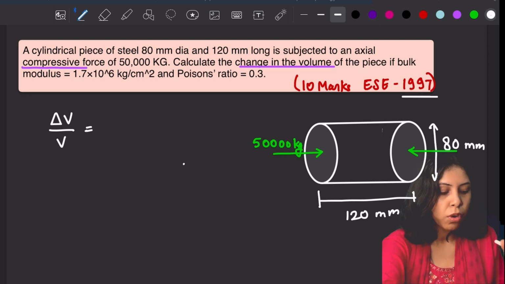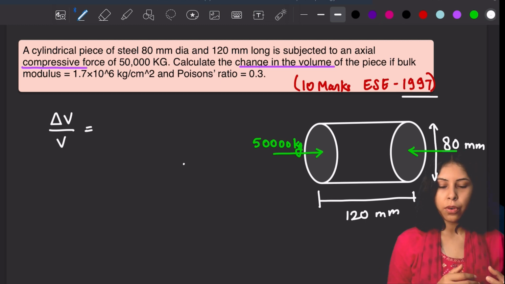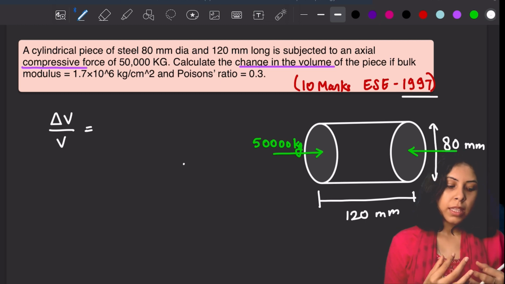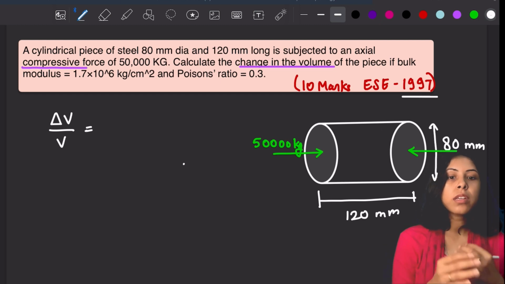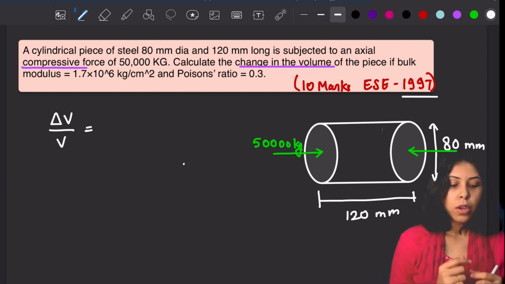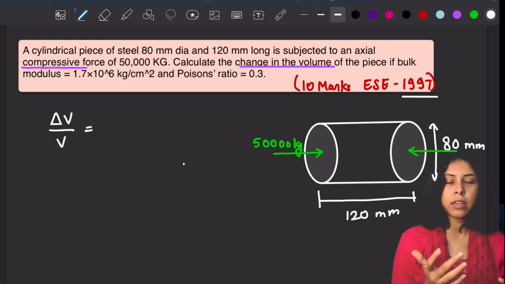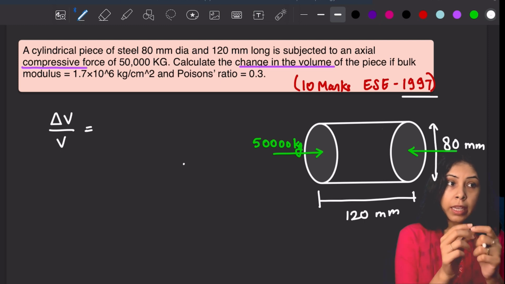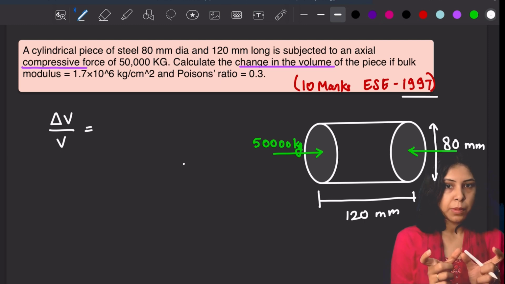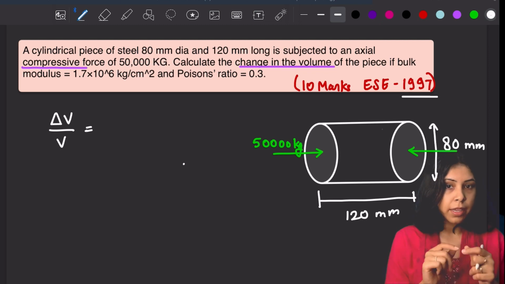Whenever there is a load, whether it is compressive, tensile or bending, any load, these loads will change the shape and the volume. For example, if I take an elastic rubber band and stretch it, there will be an increment in the length of the rubber band, but we all notice that there is a decrement in the cross sectional area of the rubber band.